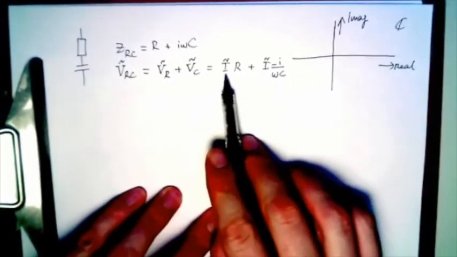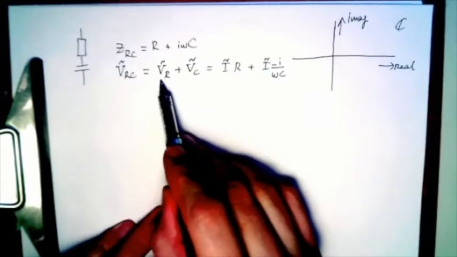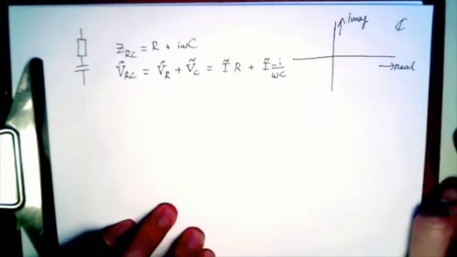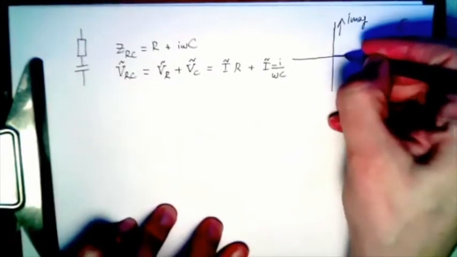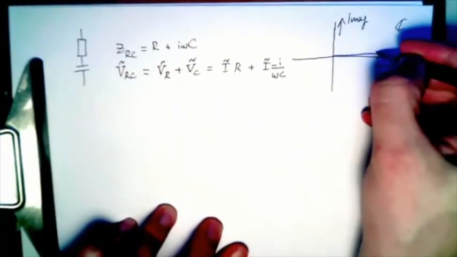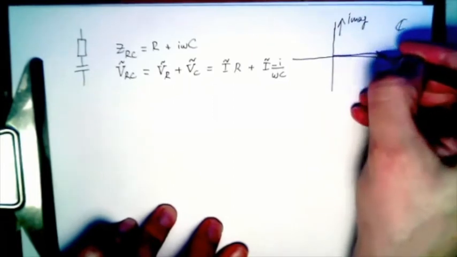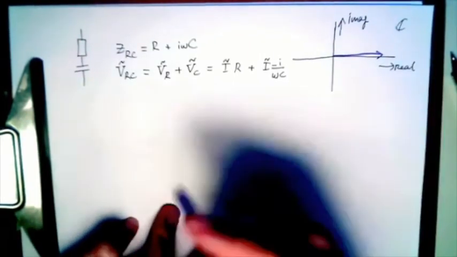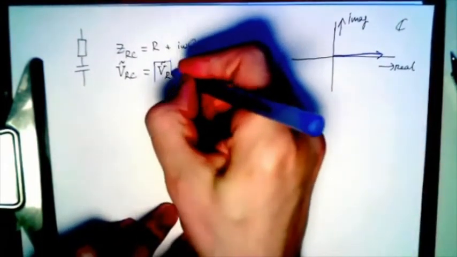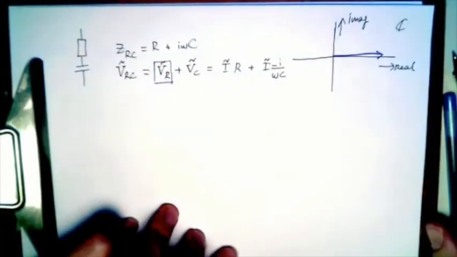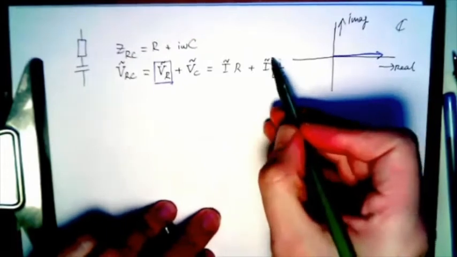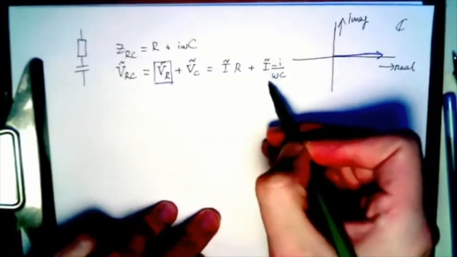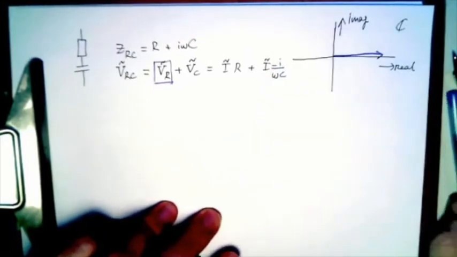Then we can draw the voltage phasor for the resistor as a complex number pointing in this direction. So that's the voltage phasor. And the voltage phasor for the capacitor is pointing in the minus i direction.